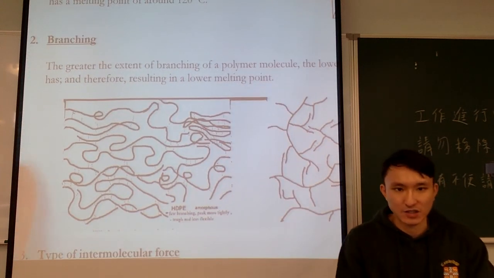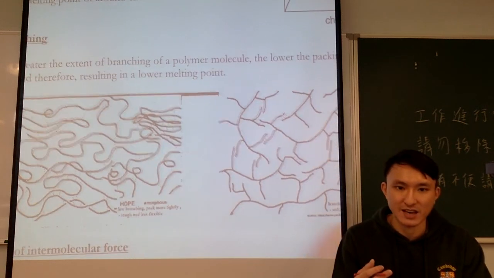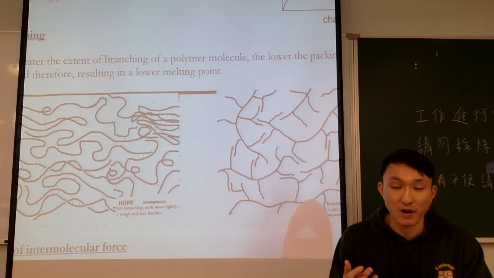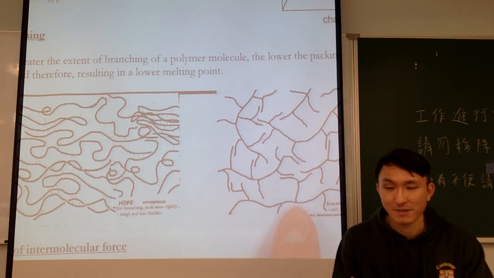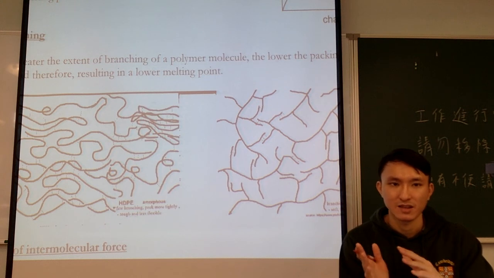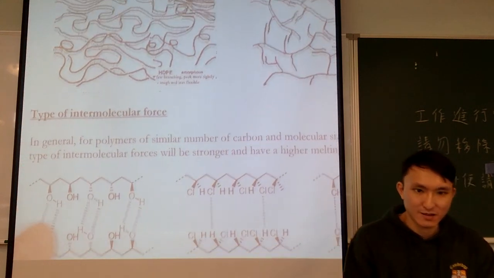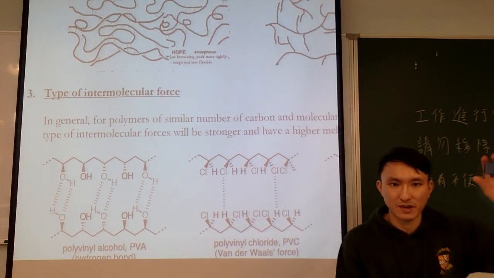The second factor, which I just talked about, is branching. Using LDPE and HDPE, you will understand that with more branching, the melting point decreases because the polymer has a lower packing efficiency. The third factor is obvious: the type of intermolecular force.